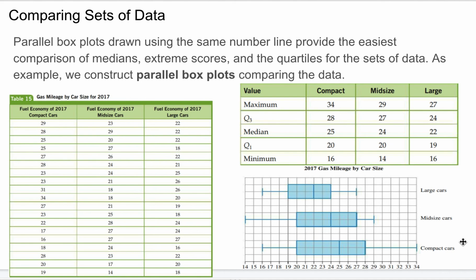From the box plots, we see that the median gas mileage for compacts, look at the medians, is higher than the other two. The data for large cars are less spread. The spread is only from here to there for large cars, but for compact cars there's a bigger spread.